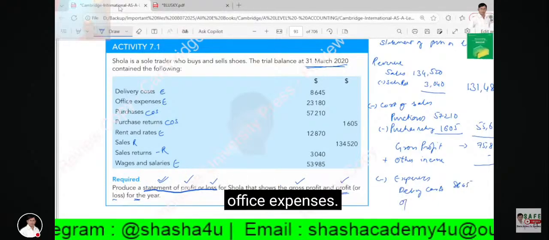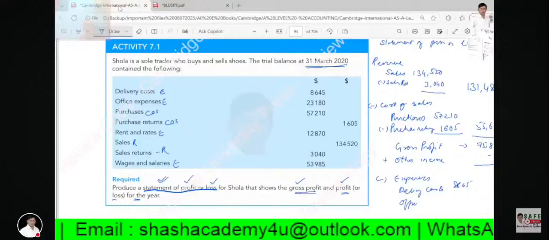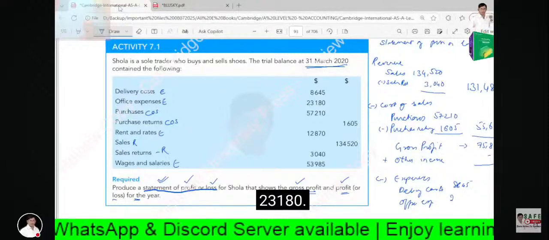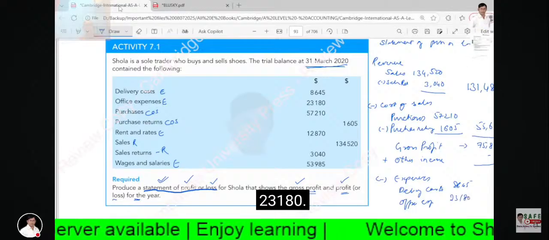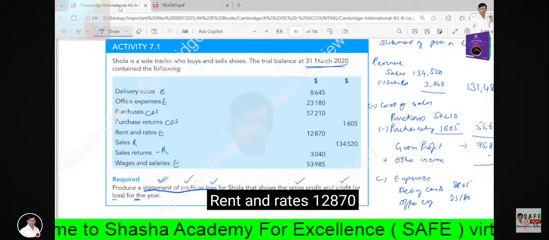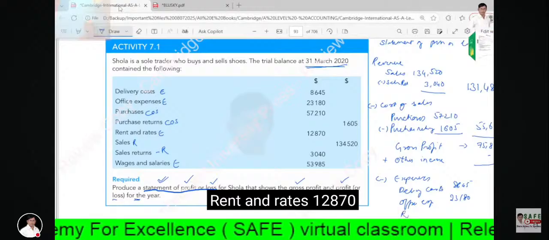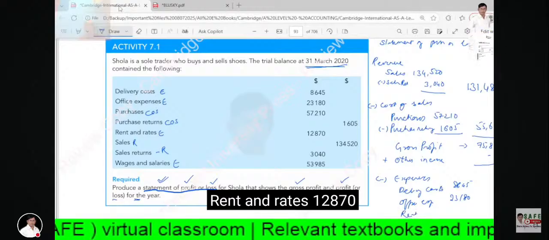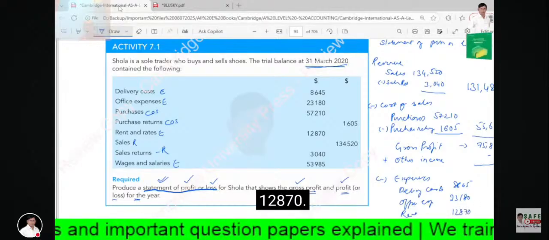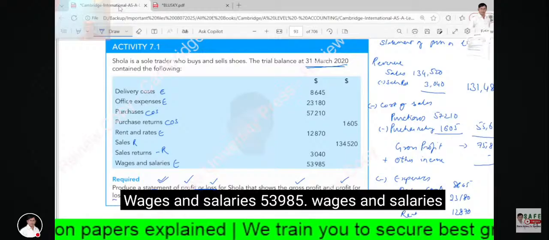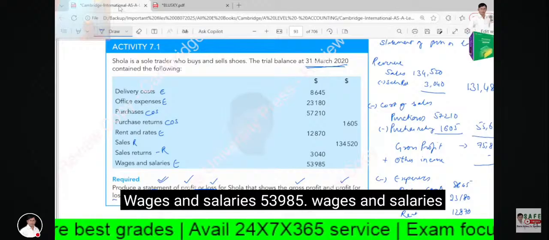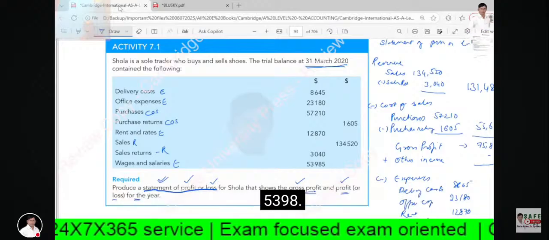Office expenses 2310. Rent and rates 12870. Wages and salaries 5398.